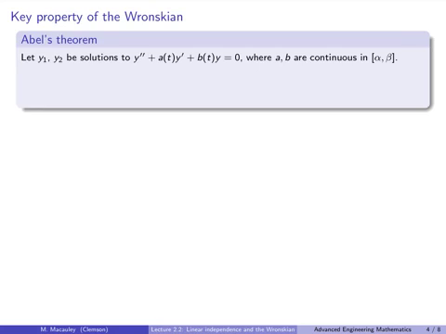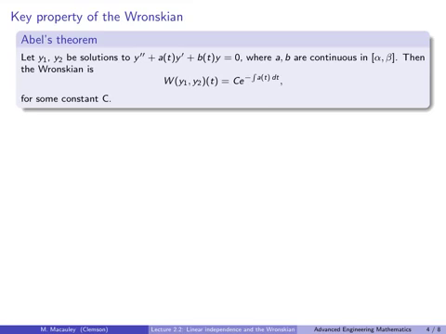This says that if we have two solutions, y1 and y2, to a second order homogeneous ODE, y double prime plus a(t) y prime plus b(t) y equals 0, where a and b are continuous functions in an interval, let's say alpha to beta, then the Wronskian of these two solutions is given by the following formula: c e to the minus integral of a(t) dt, where c is some constant.